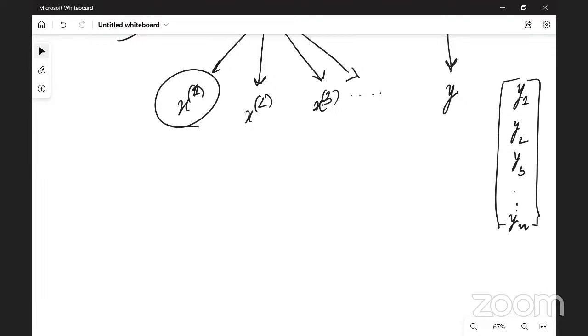Suppose, sir, for example, our model is y equal to w0 plus w1 x1 plus w2 x2. In that case, if we fit each sample in that model, then we have to write y superscript 1 equal to something with x for each value.